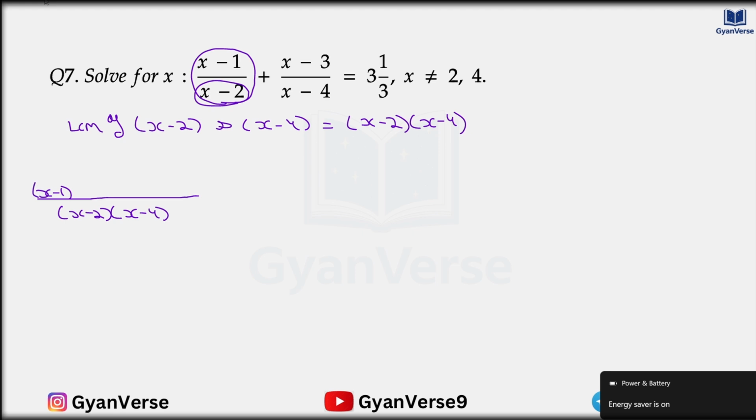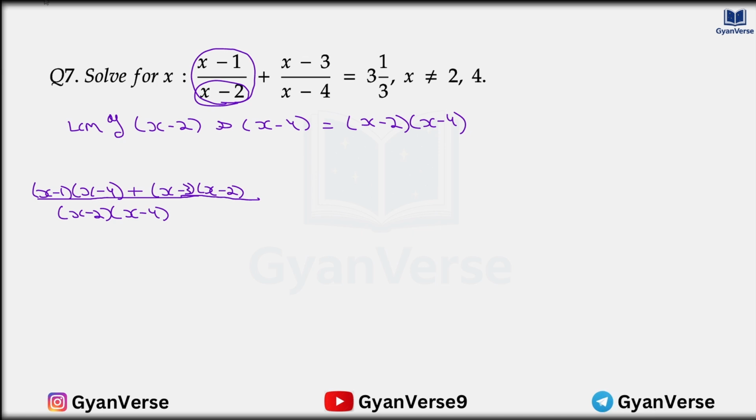X minus 1 will get multiplied by x minus 4 plus x minus 3 will get multiplied by x minus 2, because it already has x minus 4 in its denominator. So to make the denominator equal to the LCM, I have to multiply the denominator by x minus 2, right? So I will multiply the same to the numerator also. Now our right hand side will become 10 upon 3.